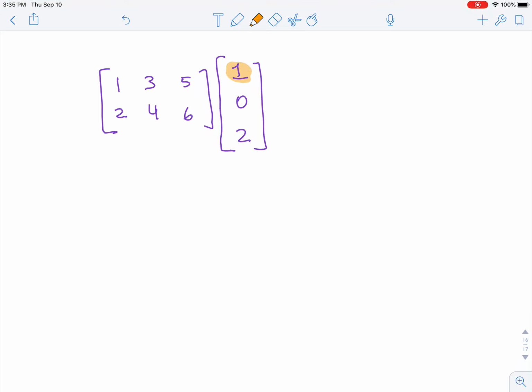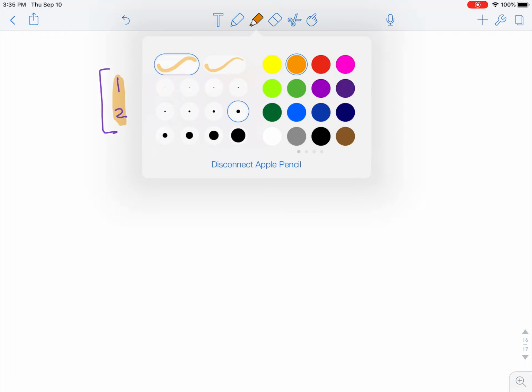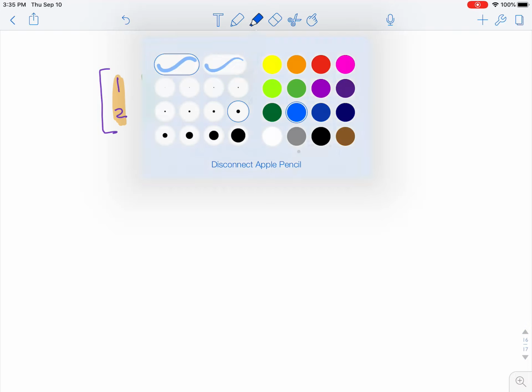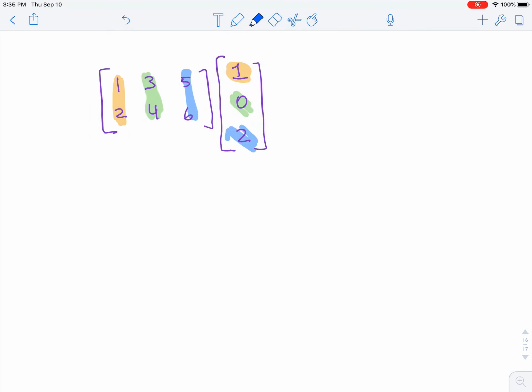Remember, I kept emphasizing that we do the first number times the first column, the second number times the second column, and the third entry times the last column, and we add them up.